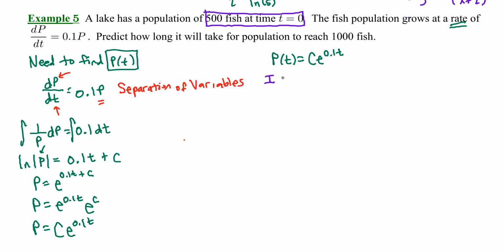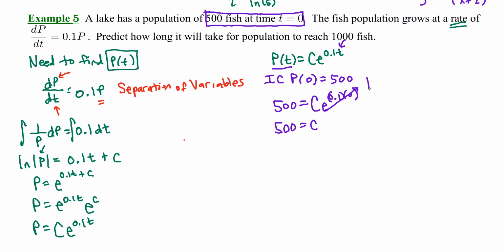So our initial condition, IC, at time 0, the population is 500 fish. So we're going to plug 500 in for the population, and we're going to plug 0 in for t. So we have e raised to the 0th power, which of course is equal to 1.